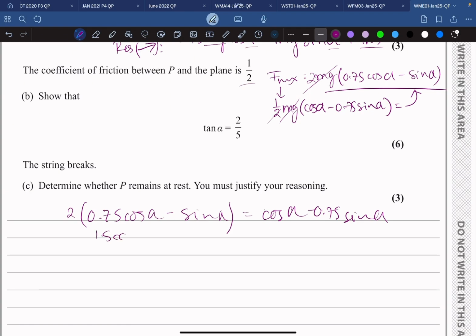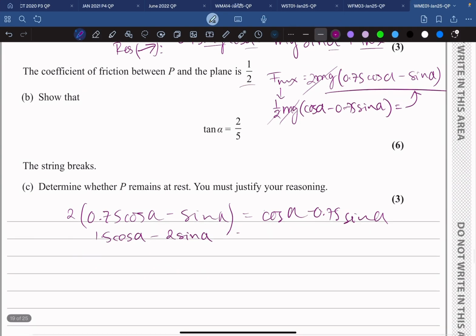Wait, I'm at that point where I have to make sure 0.75 times 2 is actually 1.5 cos alpha. Okay, it's totally fine actually. Just be sure to double check everything. In the exam, I doubt myself a lot. I just check one thing over and over again. It's a bad habit, but being a little bit concerned is fine.